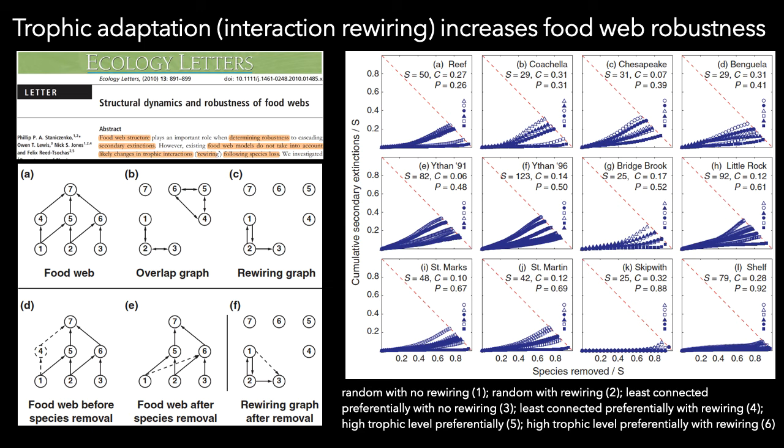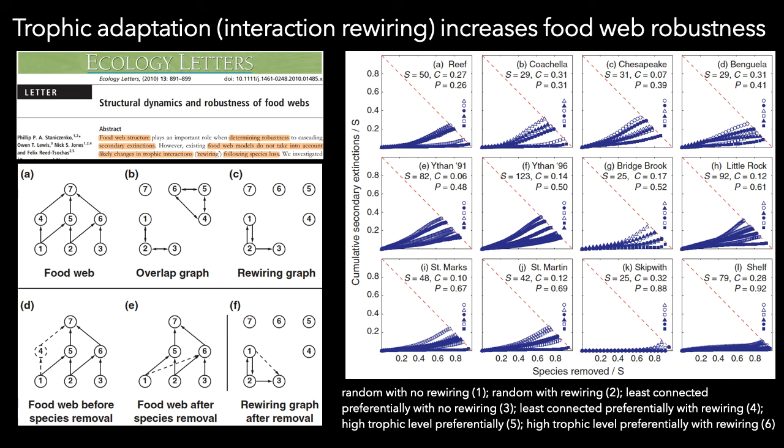But we can also take a step back and consider how these models of robustness are carried out, and particularly the assumption that for a primary extinction there is necessarily a secondary extinction if the predator is preying only on the primary extinct prey.